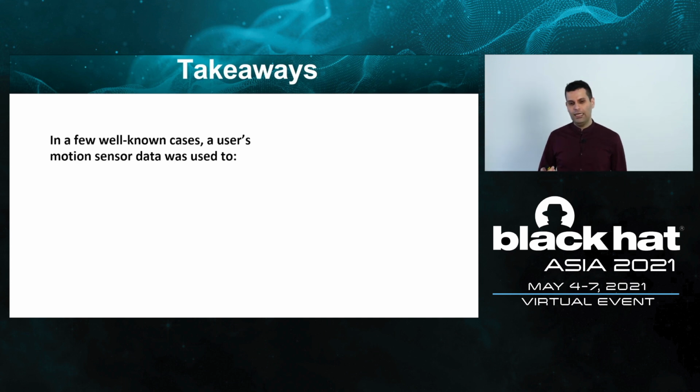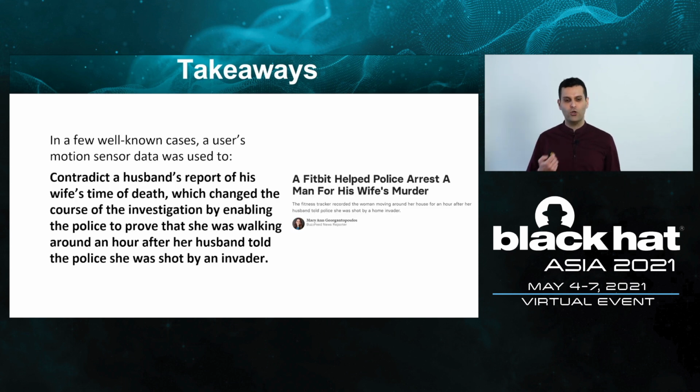In the last few years, in a few well-known cases, a user's motion sensor data was used to contradict a husband's report of his wife's time of death, which completely changed the course of the investigation by enabling the police to prove that the wife was walking around an hour after her husband told the police she was shot by an invader. As a result, the police arrested this man for murdering his own wife.